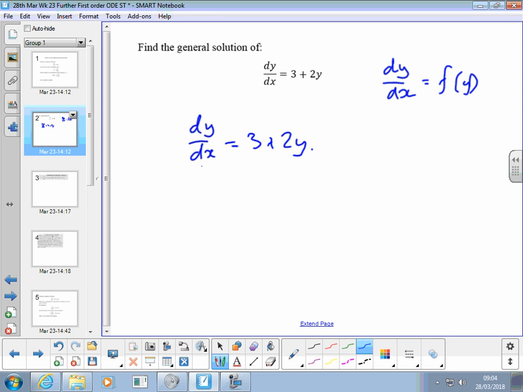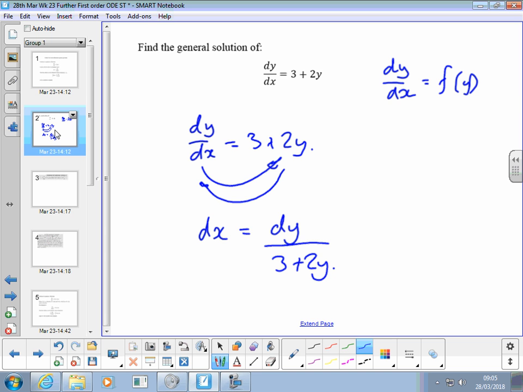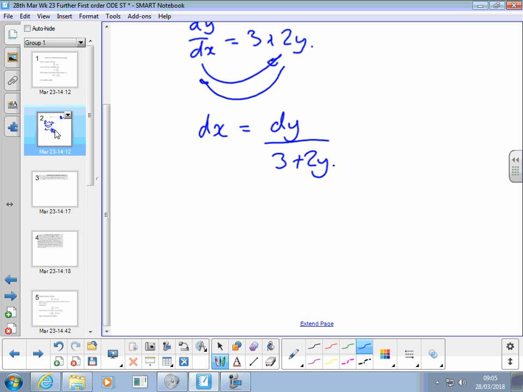This comes up here and that goes down. So we end up with x is equal to 1 over 3 plus 2y. Integrate both sides.